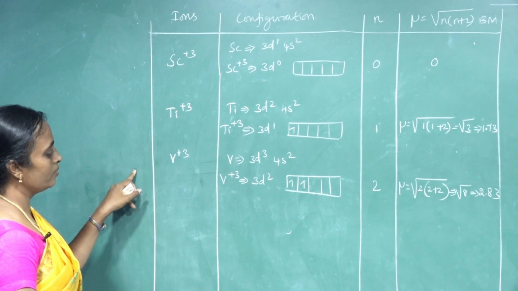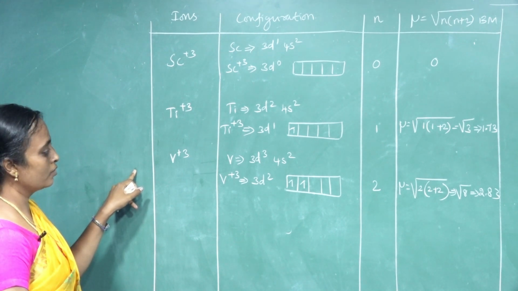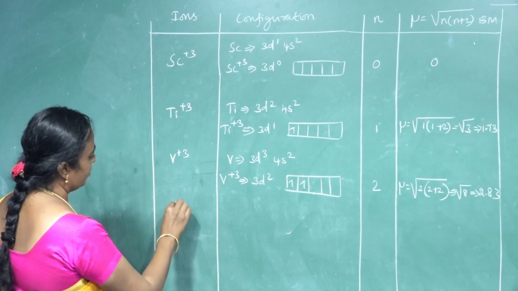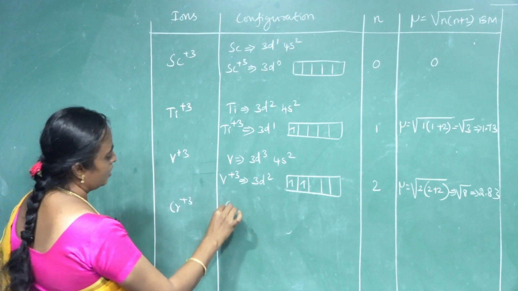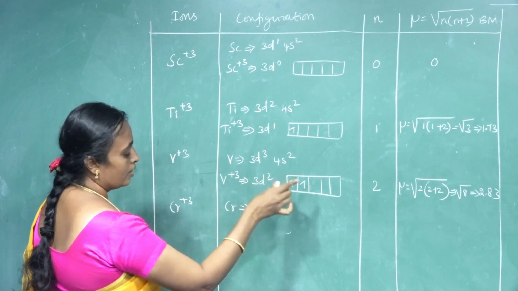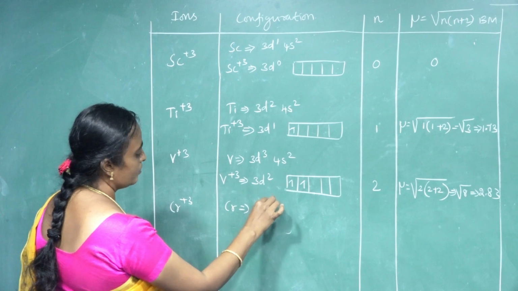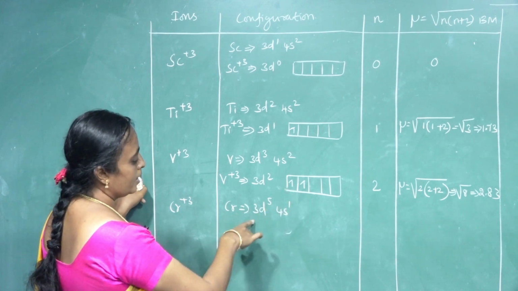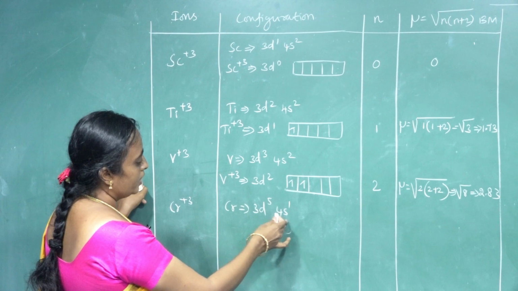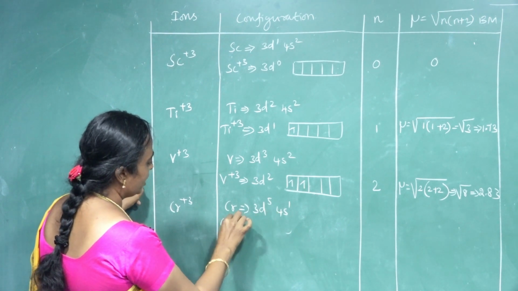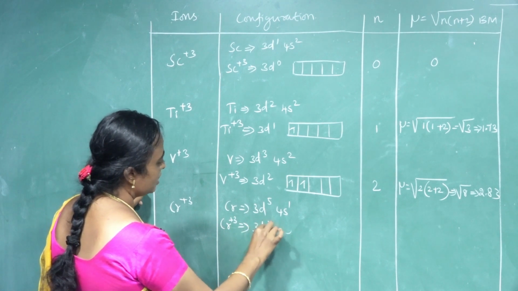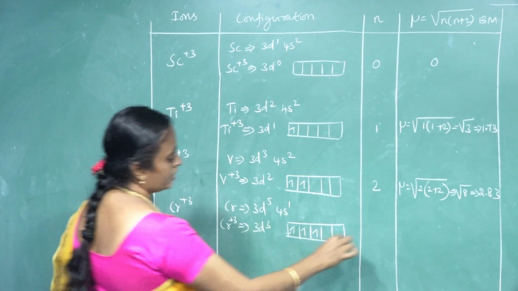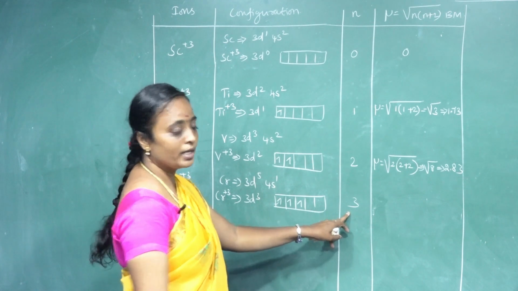Next is chromium, in different oxidation states. Generally chromium is written not as 3d4 4s2 but as 3d5 4s1. For chromium plus 3, we remove 3 electrons, giving 3d3. The number of unpaired electrons is 3, so we can calculate the magnetic moment.